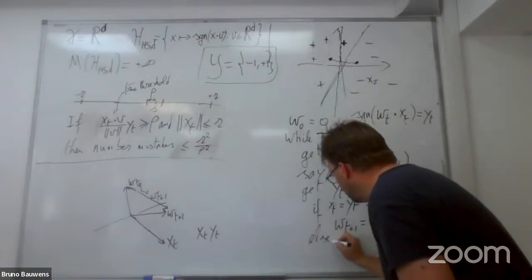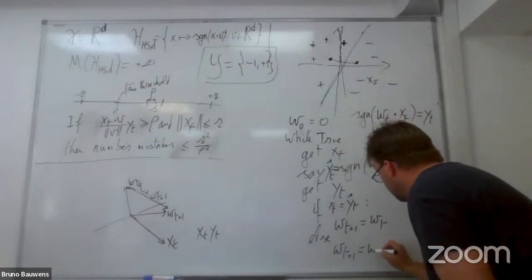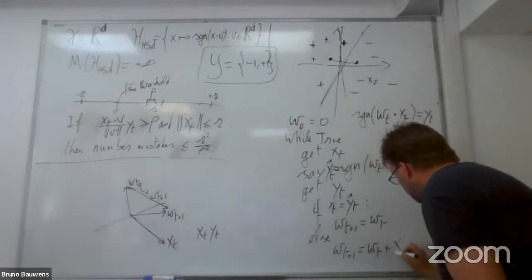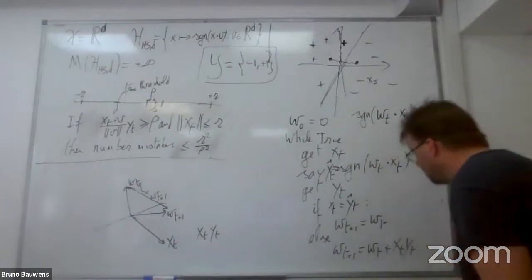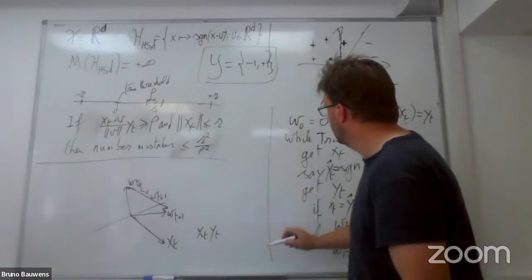And else we do what I said: WT plus 1 is equal to WT plus XT YT. So this is the algorithm.